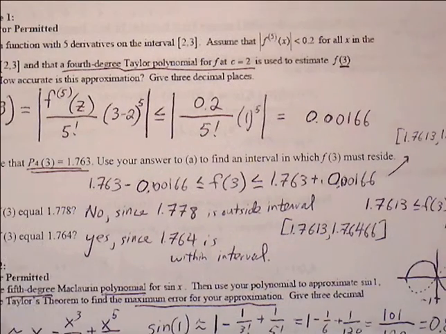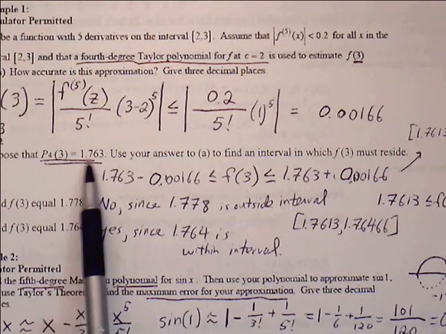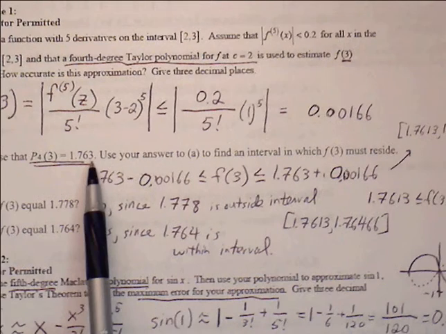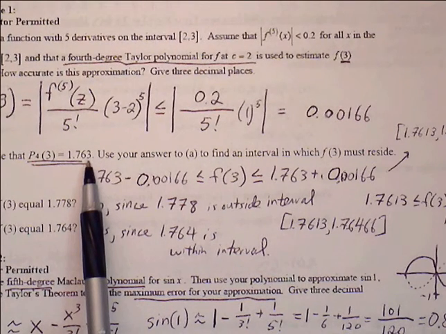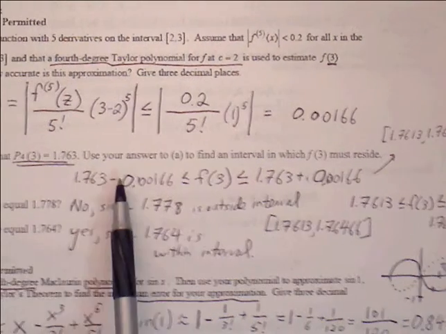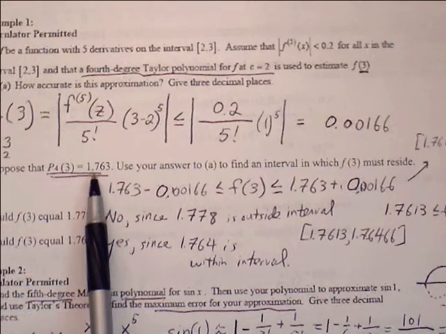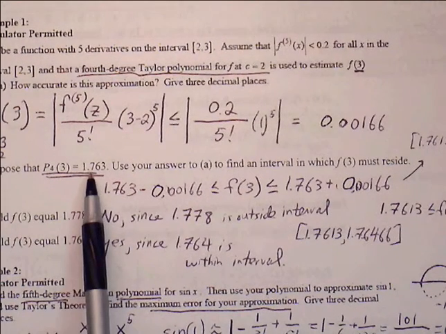Okay, so suppose that the fourth degree polynomial evaluated at 3 is equal to 1.763. Use your answer to A to find an interval in which f of 3 must reside. So what this is saying is that the fourth degree polynomial evaluated at 3 is 1.763.